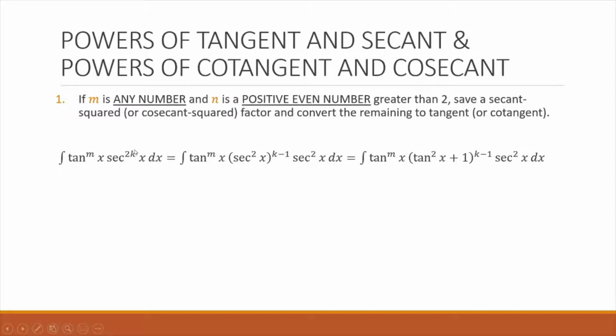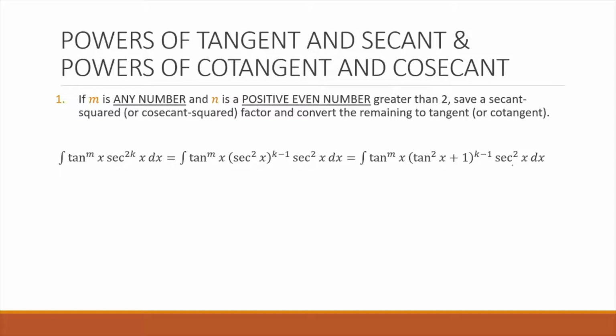Kasi if we plug in any positive integer sa k, then 2 times k is always a positive even number, right? So if you have, again, the integral of tangent raised to m of x, secant raised to 2k of x dx, then we can isolate secant squared. Okay, so kumbaga from 2k we subtract 2 so that we can isolate secant squared.